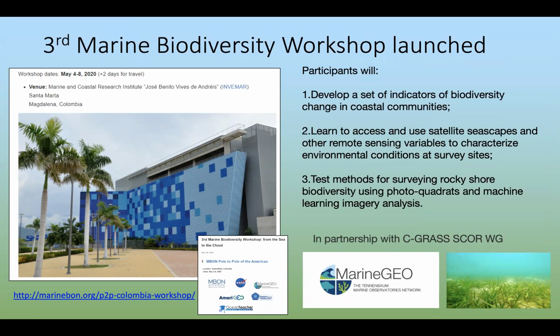The plan for this particular workshop is to develop a set of indicators of biodiversity change in coastal communities based on, for example, applications like machine learning, imagery analysis for detecting changes in broad taxonomic functional groups, or learning to access and use satellite seascape and other remote sensing variables to characterize environmental conditions at places where surveys are being carried out, and test, as I said before, machine learning methods to detect broad changes in these coastal communities in an automated fashion.